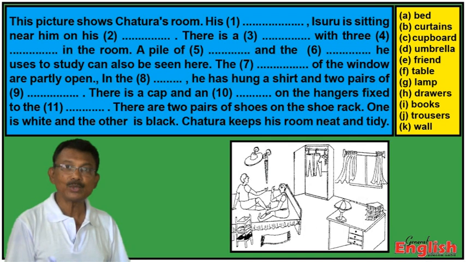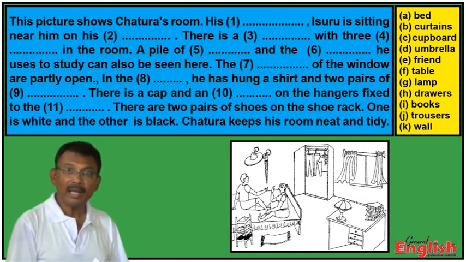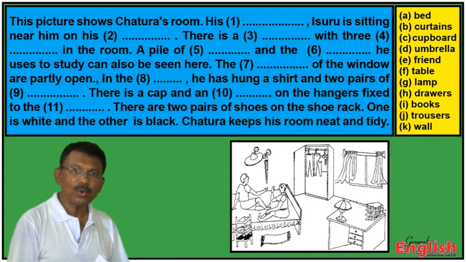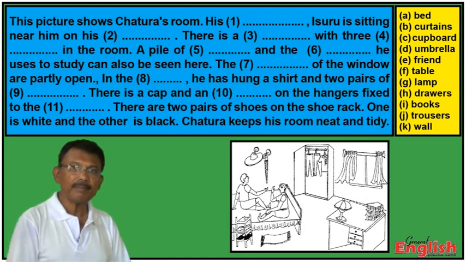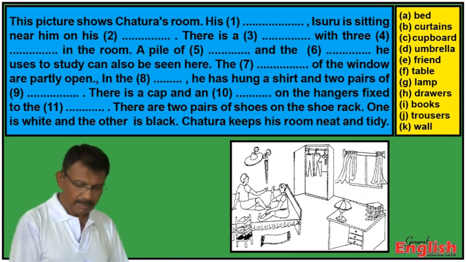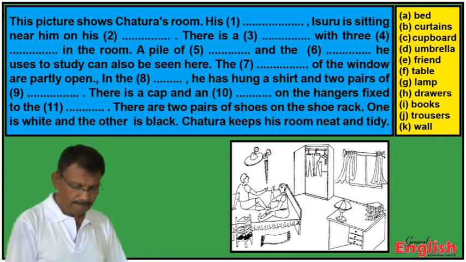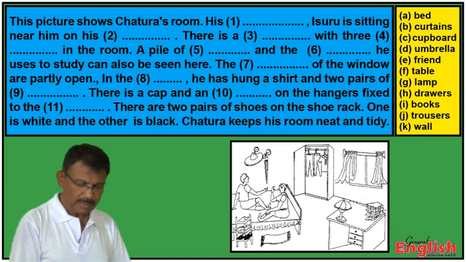A pile of leaves: when your mother swept the compound and raked the leaves together into a pile, there is a pile. If you have lots of books on the table, we say a pile of books. So here on the table, a pile of books. So it must be books.